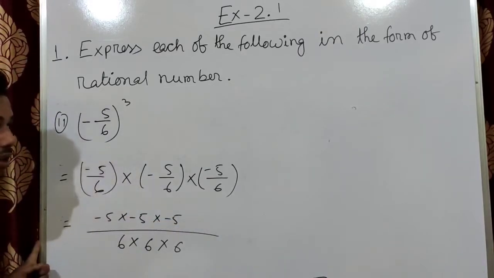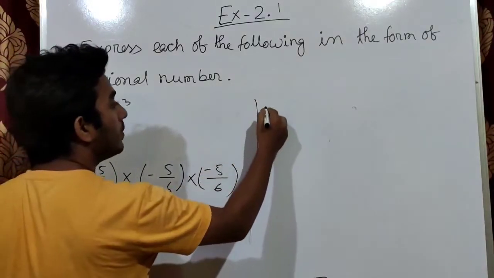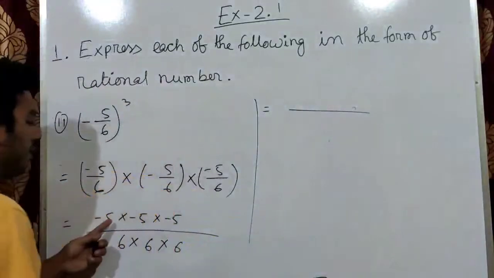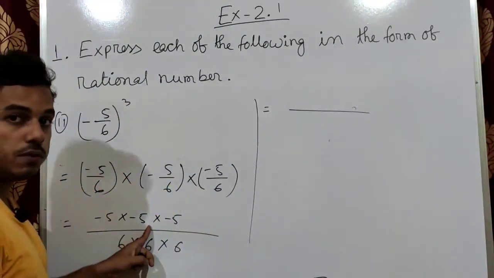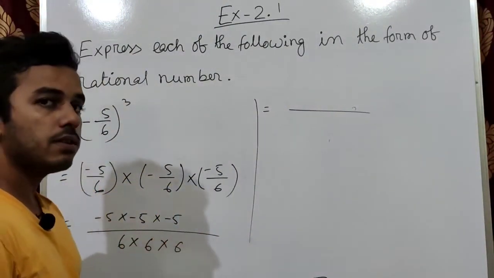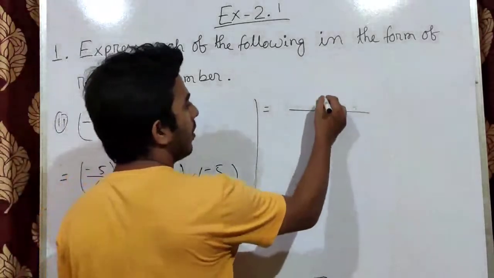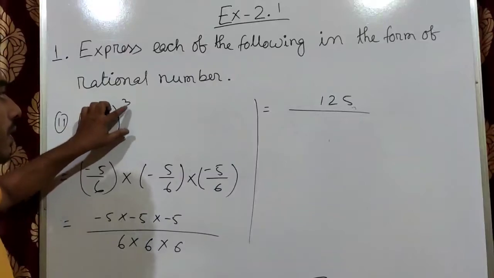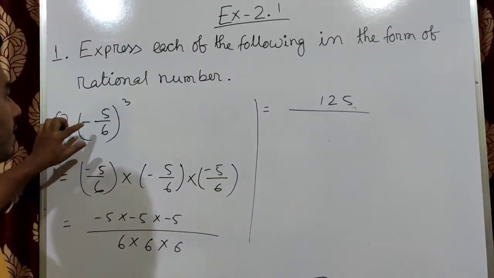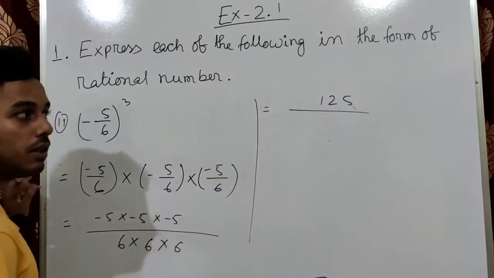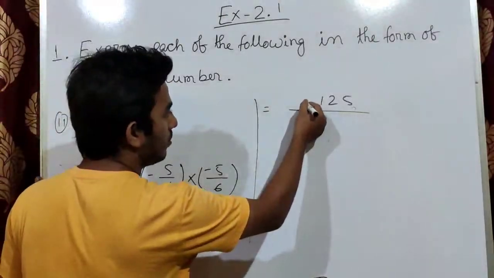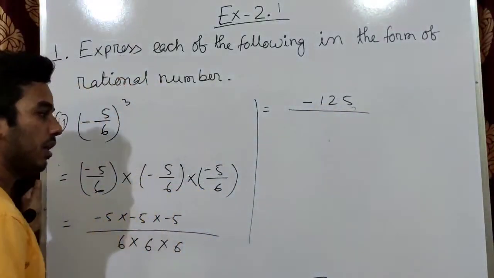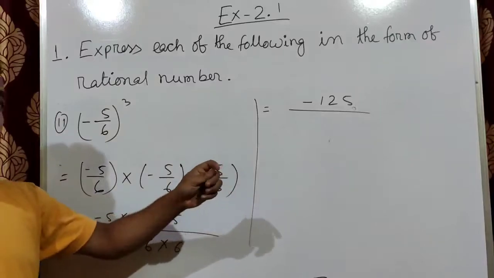Up to this clear? Okay. Our next step will be 5 into 5, 5 into 5 is 25. 25 into 5 is 125. And as this power is what? My power is odd and the sign is also minus, that is negative. So this will also be negative. Clear? Okay, if you don't understand, then look like this.